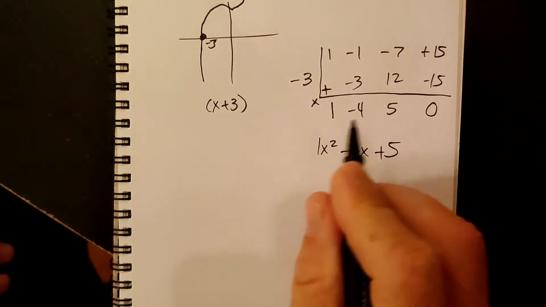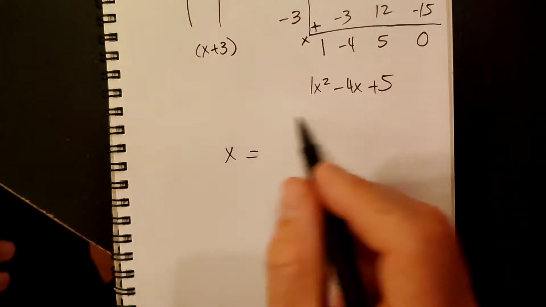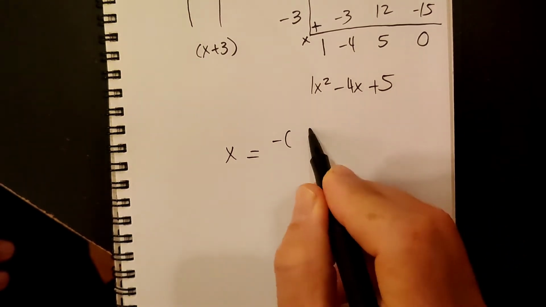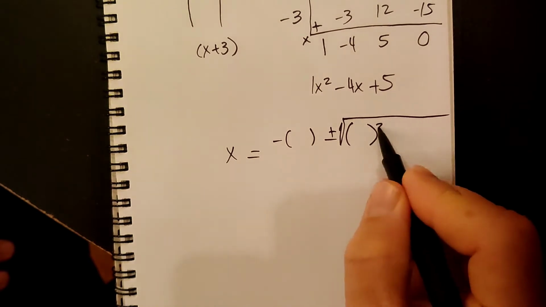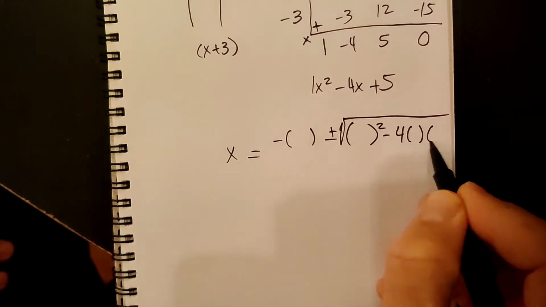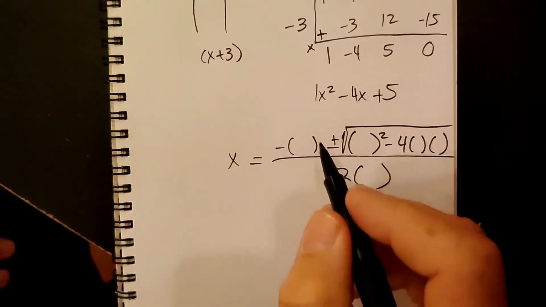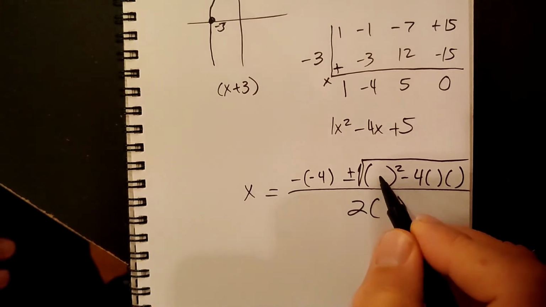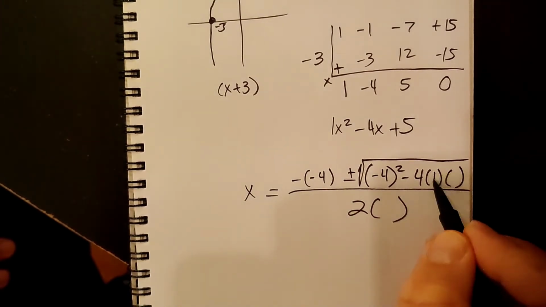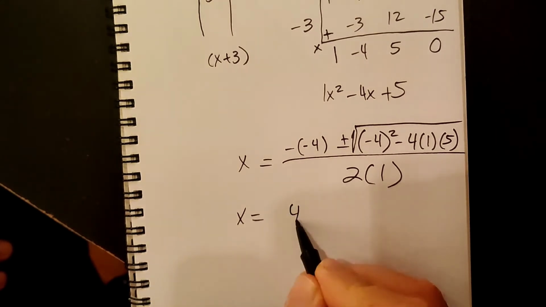I could try to factor it, but it does not factor, so that's why we do the quadratic formula to get the remaining solutions. All right, so -b. All right, just clean up from here.